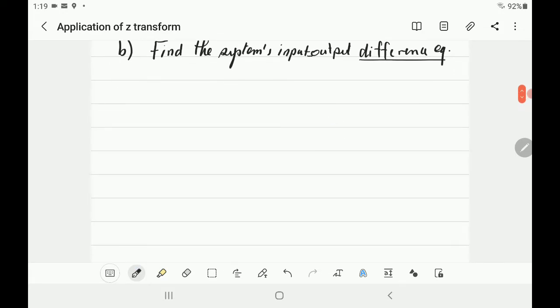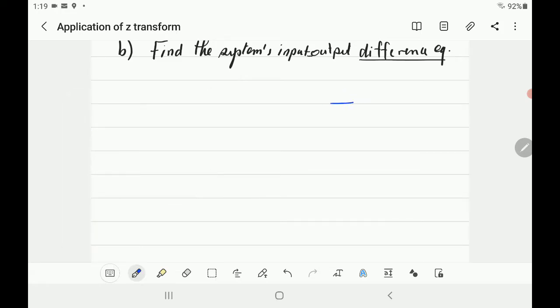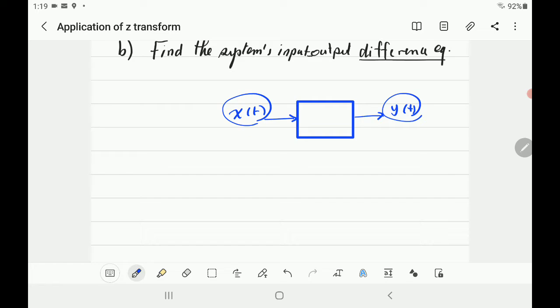Let me remind you, when you study in other courses that deal with continuous time systems, that was like x of t and the output was y of t, then you can describe the relationship between the output and input by a differential equation.